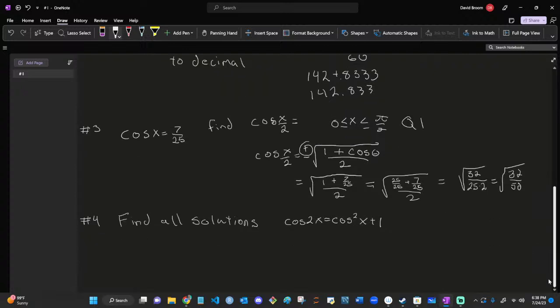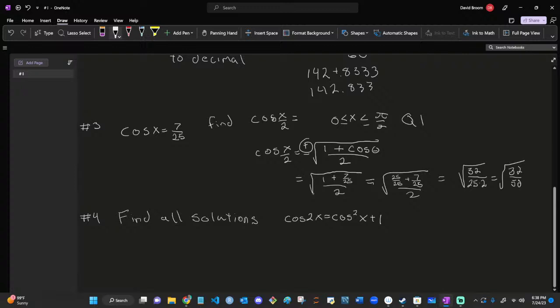So here we can change this one. It's a double angle, so it's 1 minus 2 cosine squared x.